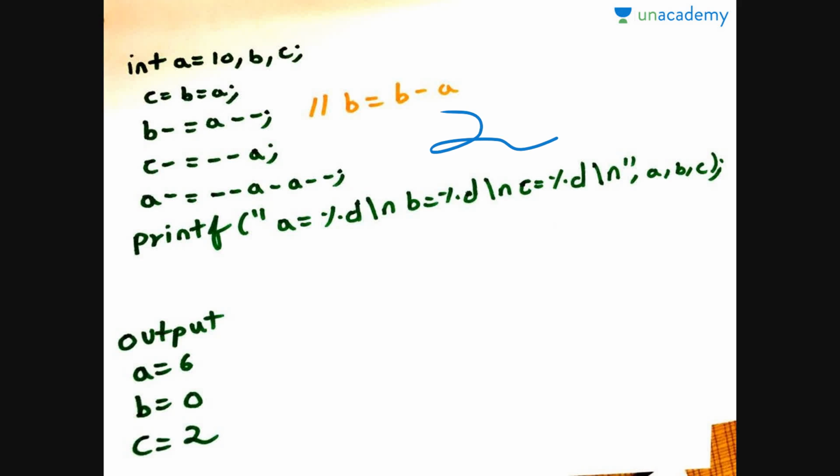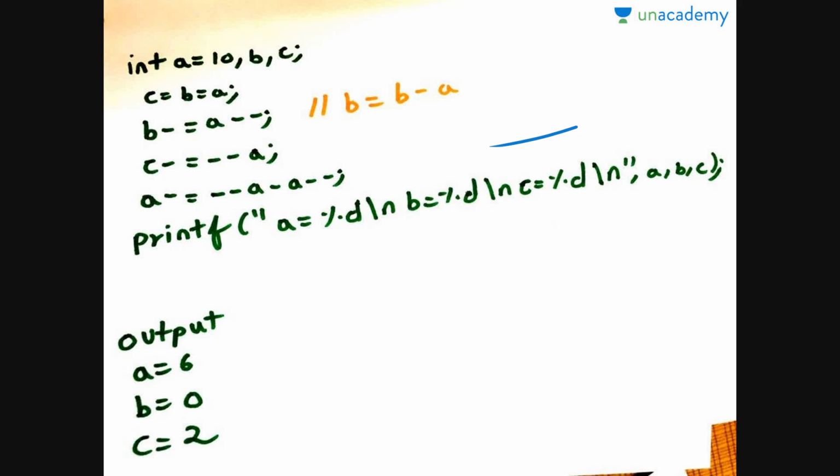After this statement we have A -= --A - A--, wherein we have one pre-decrement operator. Hence the value of A is first decremented to 7. Now A -= --A can be written as A is equal to 7 minus 7 minus 7.